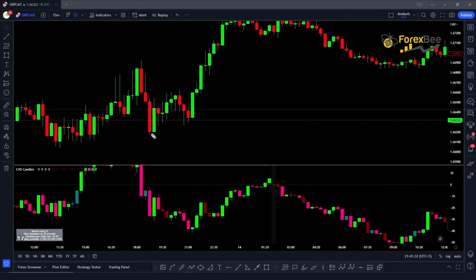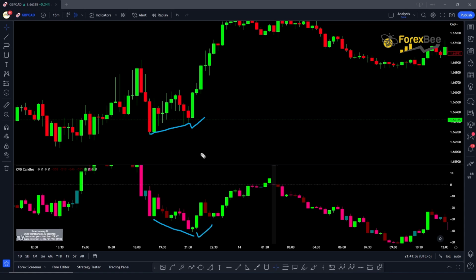So first of all, let's take a look at the example of hidden bullish cumulative delta divergence. As we talked about earlier, in hidden bullish cumulative delta divergence, there should be the formation of a higher low on the chart and a lower low on the cumulative volume delta indicator. As you can see here, there is the formation of this higher low, and on the cumulative volume delta chart, there is the formation of this lower low.